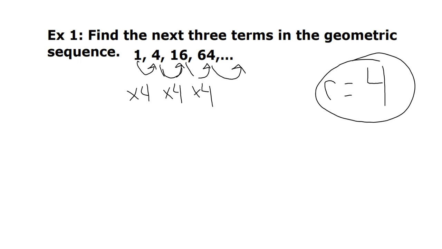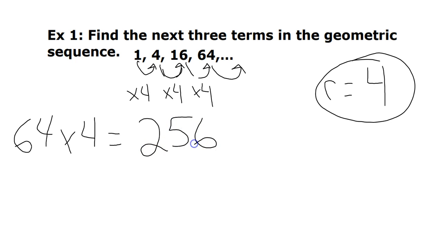We want to take 64 and multiply it by 4. And we get 256. Got to do the same thing with 256.